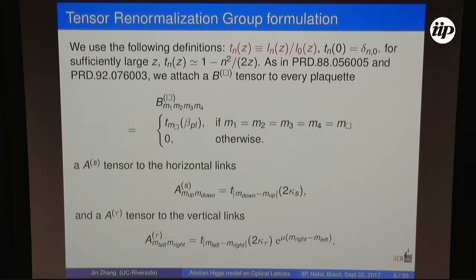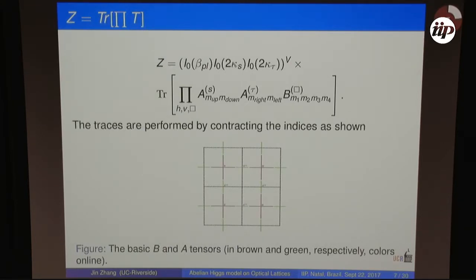But the main point is we want to study this using the tensor renormalization group. So we need to define some tensors on the lattice. This is a tensor on the plaquette, this is a tensor on the horizontal line, and A_τ is a tensor on the vertical line. Let me show the picture, it's more clear.